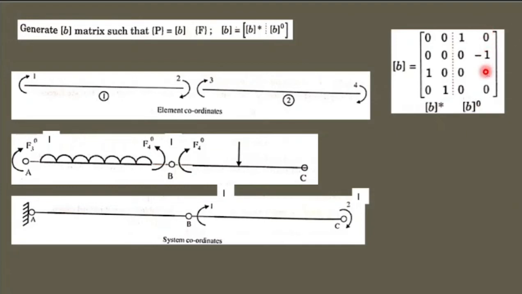This is known as the transformation matrix, that is the B matrix. First step is finding what is F. In finding F, you have applied force and redundant force. Then applying 1 kilonewton of force and writing down the transformation matrix.